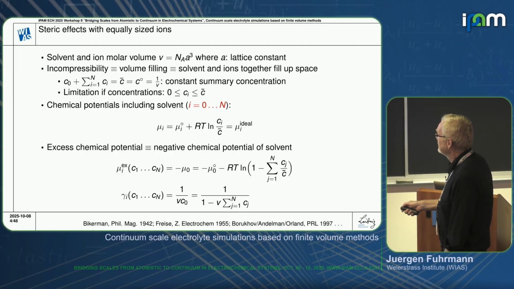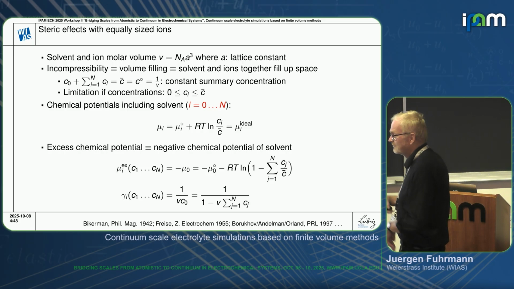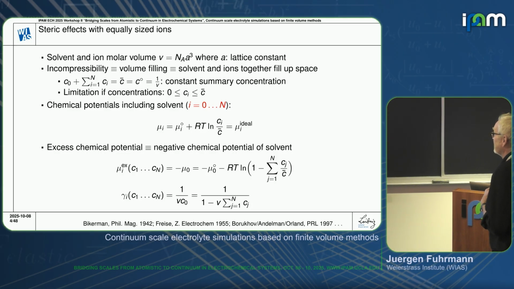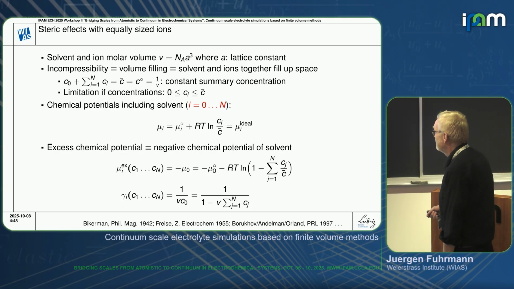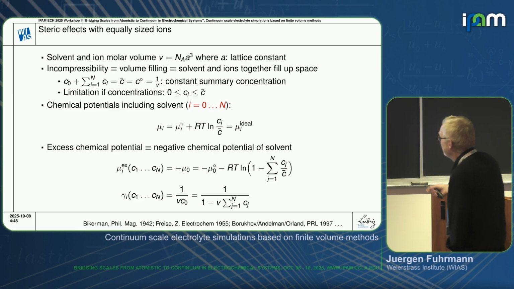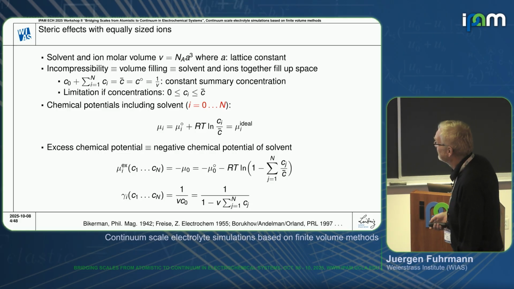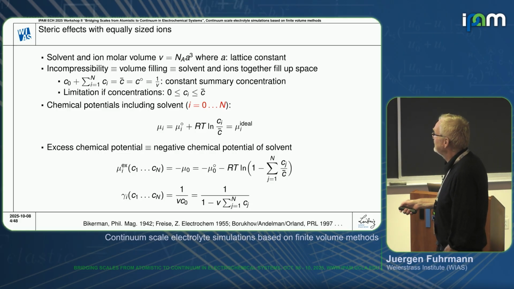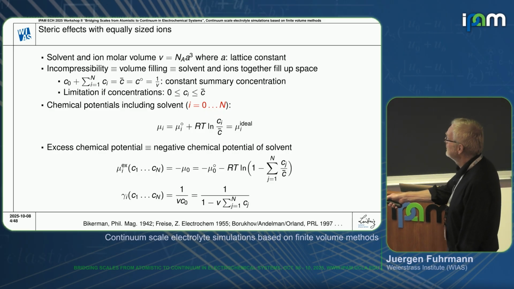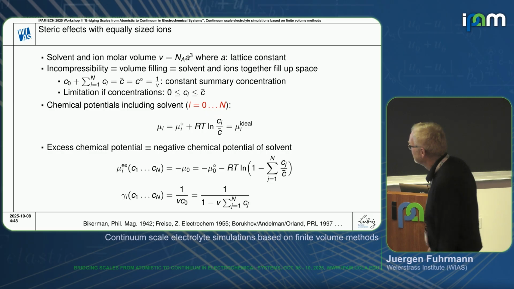We assume that the summary concentration fills up space, which immediately gives us a limitation of the concentrations, so that we don't exceed some maximum concentration. This is an important feature, especially if you already look at equilibrium problems. Then we can introduce the ideal gas chemical potentials for all species, including the solvent, and calculate the solvent concentration from the incompressibility constraint.